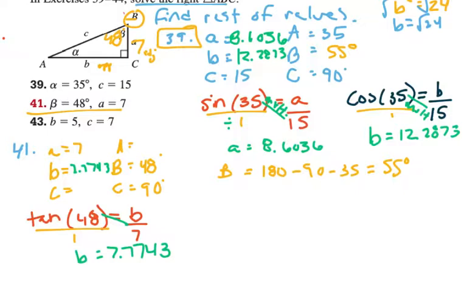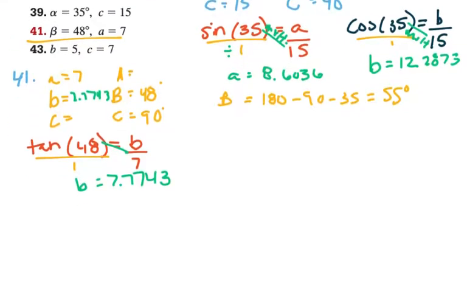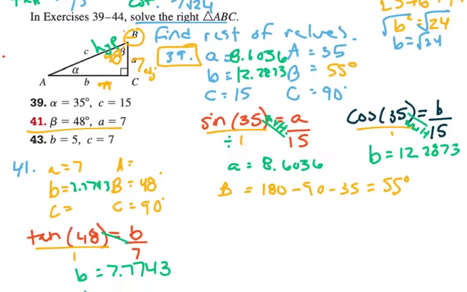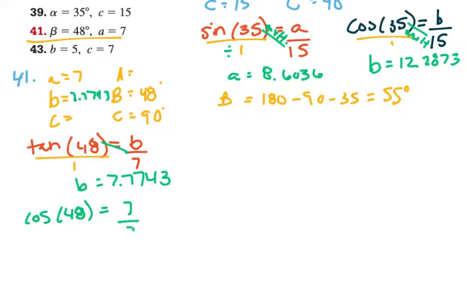And then our C value is the hypotenuse. And so we have adjacent and hypotenuse, so that means we're going to do cosine of 48 is going to equal my adjacent side, which is 7, over hypotenuse, which is C. This one is going to be a little bit different because we're multiplying this way and then dividing by our last digit.